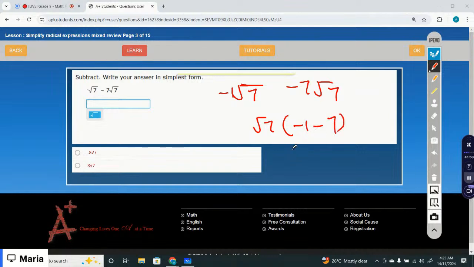So negative 1 minus 7 is negative 8 square root 7.